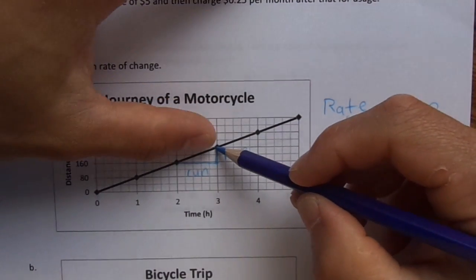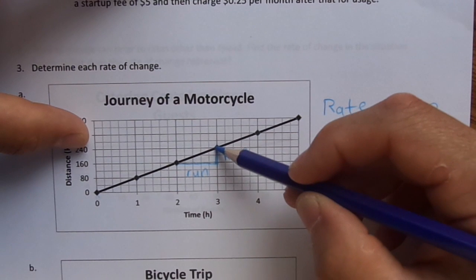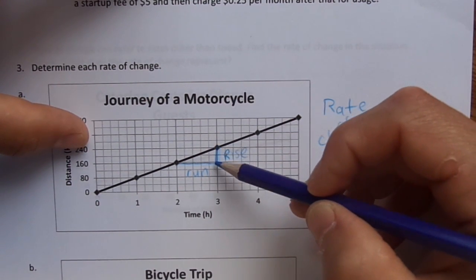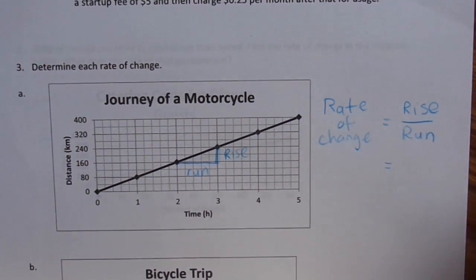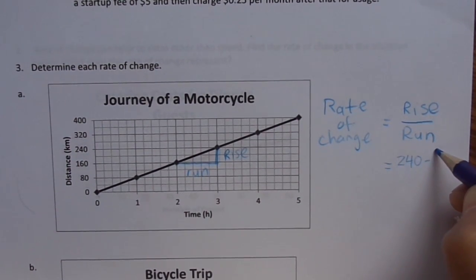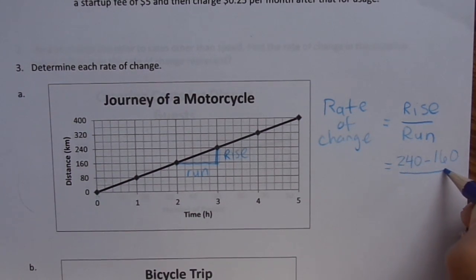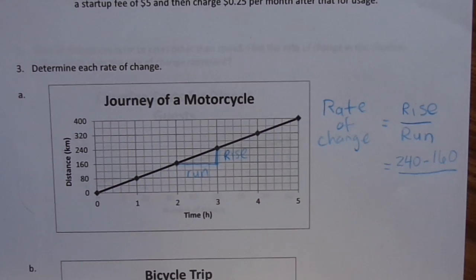Well, if we take a look here, it's 240. So this is the rise, so this side of the triangle. What's the distance here? 240 minus 160, because we're looking at just this section, right? And that will give us 240 minus 160, over, now you know what I should have done is use a different color for the run so you can see where the numbers are coming from.